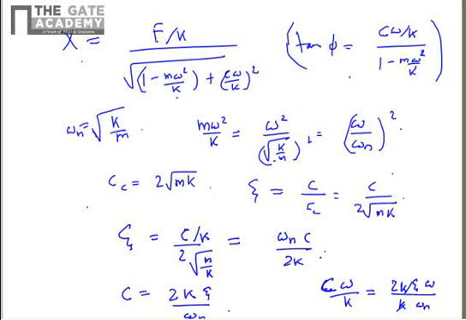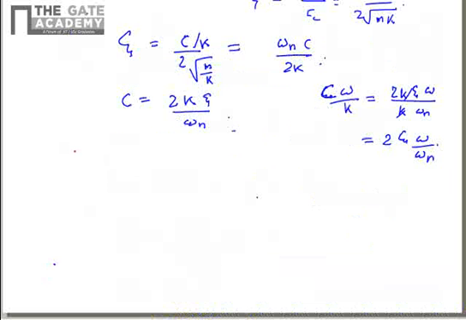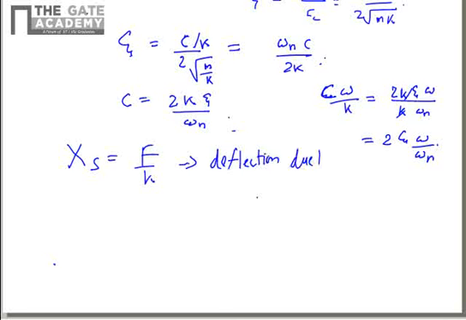F by K is equal to the deflection due to force alone, that we showed as Xs is equal to F by K during the start of the chapter, due to the force alone, where there is no mass, no damping.